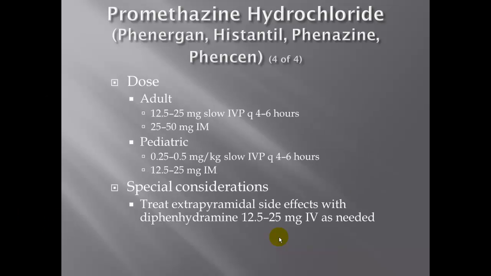Dose: 12.5 to 25 milligrams slow IV push every 4 to 6 hours, or 25 to 50 milligrams IM. Pediatric: 0.25 to 0.5 milligrams per kilogram slow IV push every 4 to 6 hours, or 12.5 to 25 milligrams intramuscular. Special considerations: treat extrapyramidal side effects with diphenhydramine, dosed at 12.5 to 25 milligrams IV as needed.